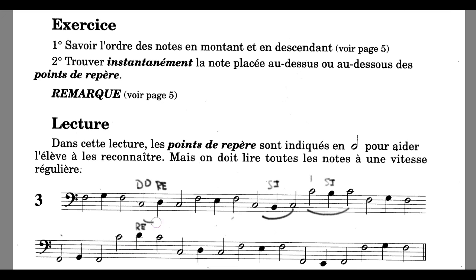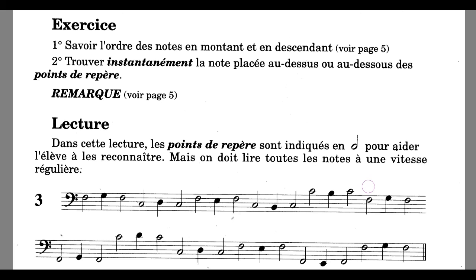And again, remember, even though some of these are written with the open note heads and the closed note heads that we usually associate with quarter notes and half notes, we're going to be performing all of these at exactly the same tempo, or exactly the same note value, which is 1 beat per note.